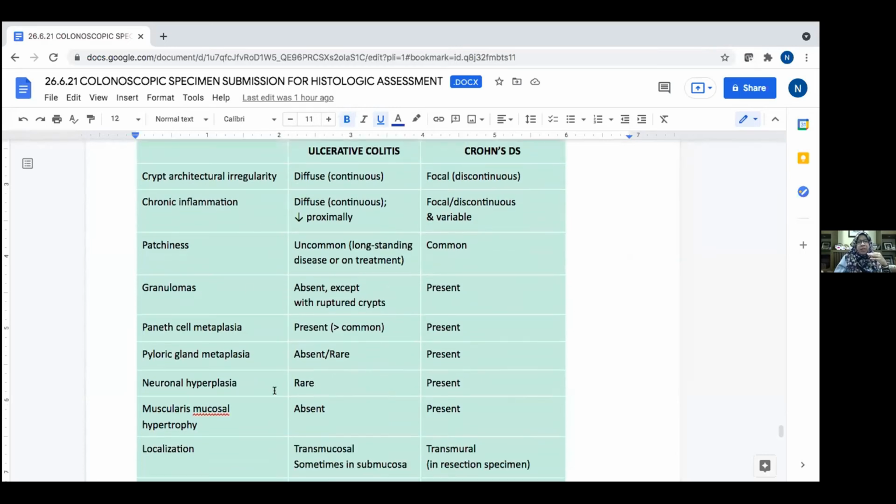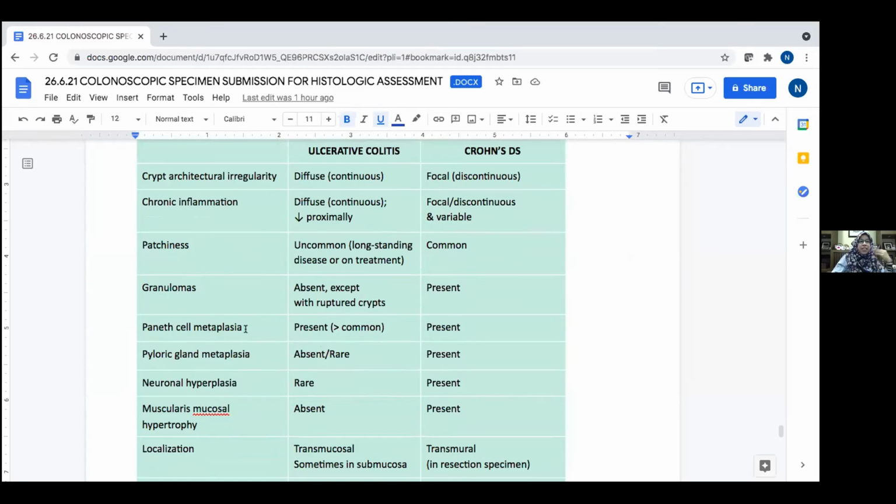In the interest of time, these are the usual features, as you've seen in my lectures before, that are helpful in differentiating between UC and Crohn's disease. I think the highlight is whether it's diffuse inflammation or patchy inflammation, and whether granulomas are present.